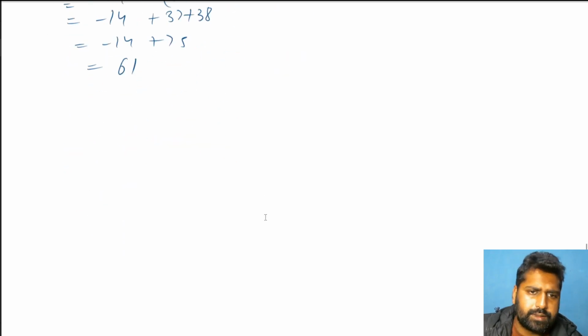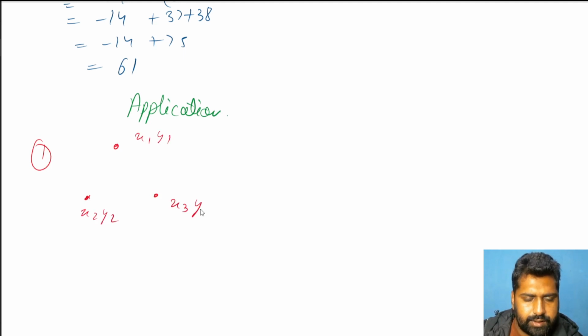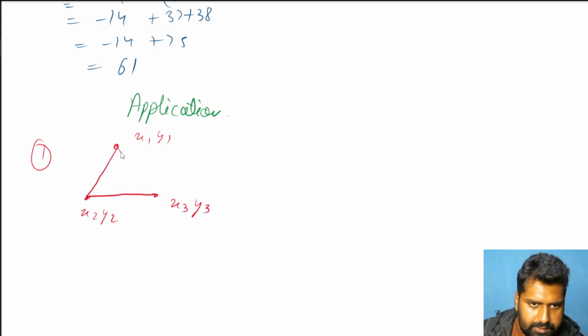Now let's look at the application part. First one, suppose you have 3 points, x1 y1, x2 y2, x3 y3, and a triangle is created, of course, like this. You can get the area of this triangle using determinants.